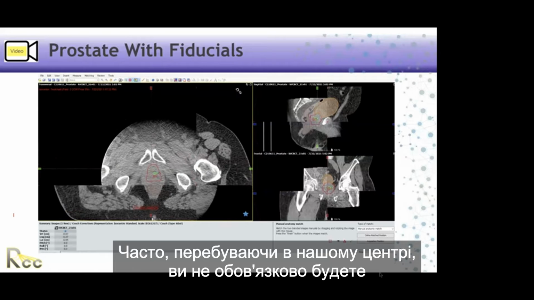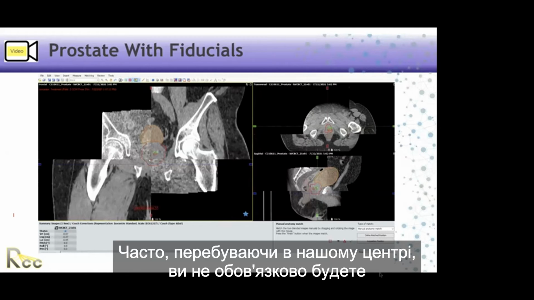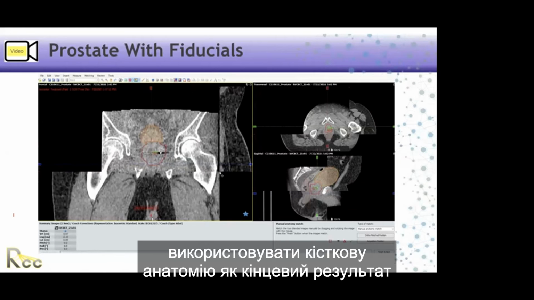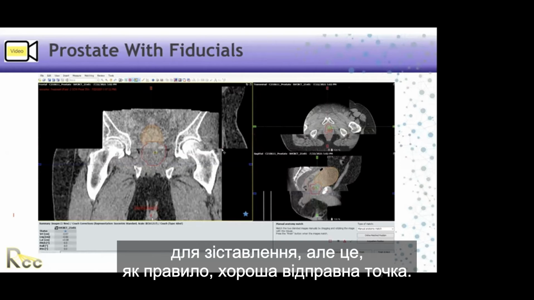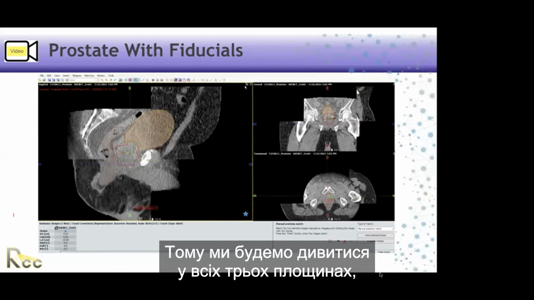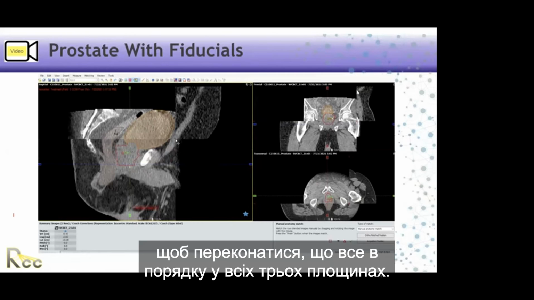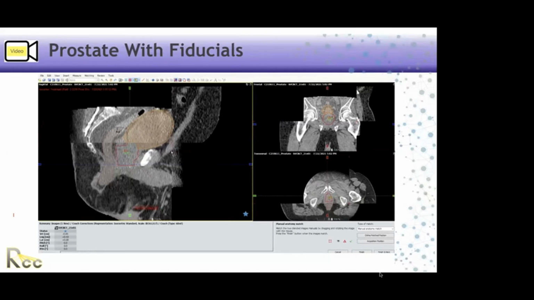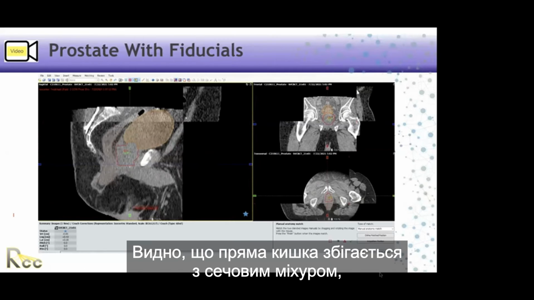A lot of times, including in our center, you're not going to necessarily use the bony anatomy as the end result for matching, but it's typically a good starting point. So we're going to look in all three planes, make sure everything's on in all three planes. I'm using the arrows on the keyboard to match up all the bony anatomy. Starting to look pretty good. You can see the rectum matches up, the bladder, the pubic symphysis.